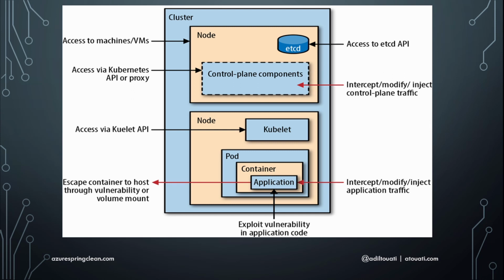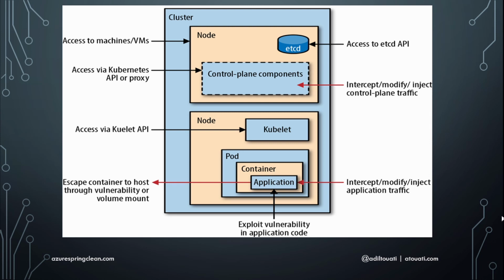For instance, the worker and the node VMs, the Kubernetes API server, the etcd database, the kubelet API, the containers used for applications through vulnerabilities or mounted volumes, and the application code running within the applications and containers through vulnerability exploits.